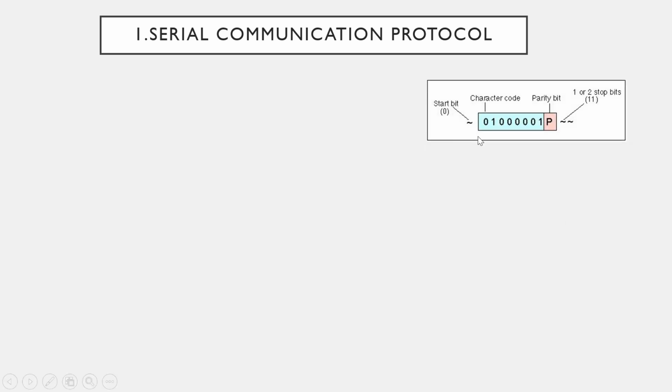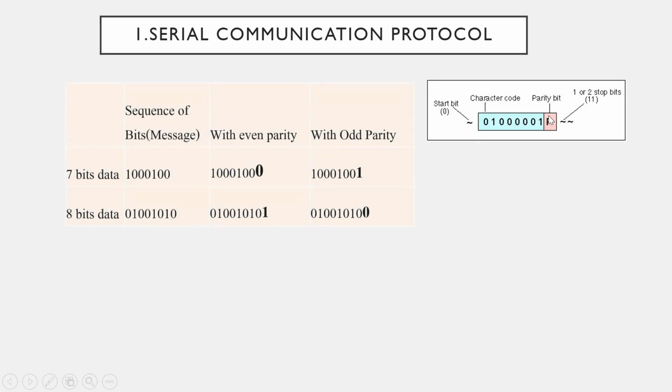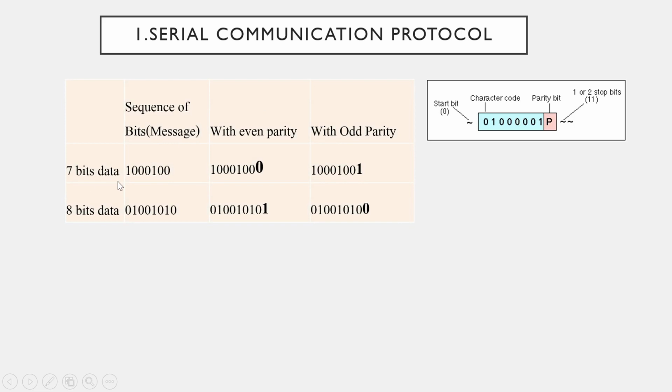Okay, this is a data frame with a parity. Here is the message with 7-bit data, and this one is the 8-bit data. The 7-bit message has 2 ones, and the other message has 3 ones.